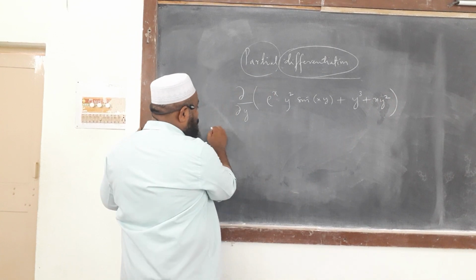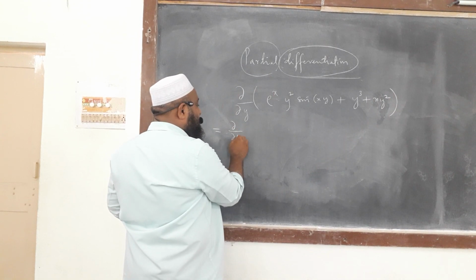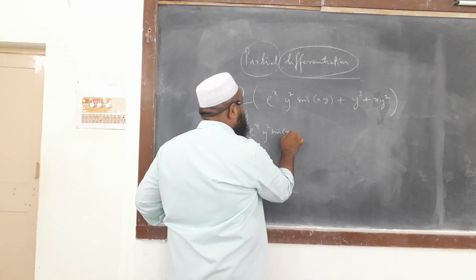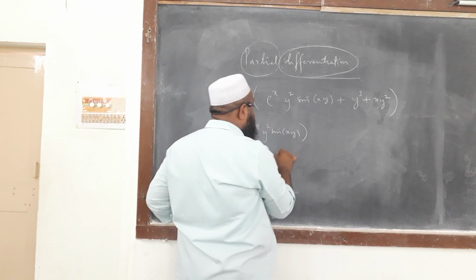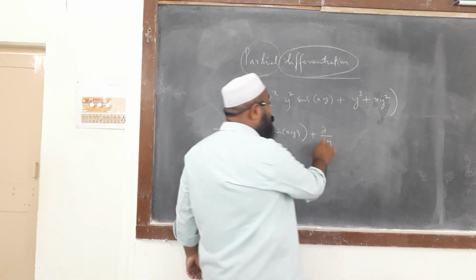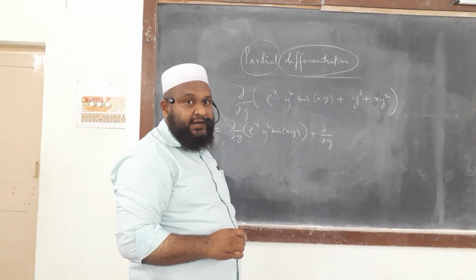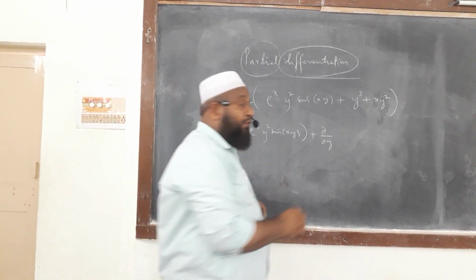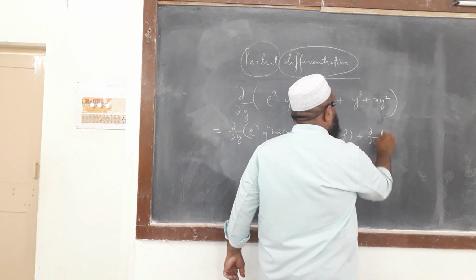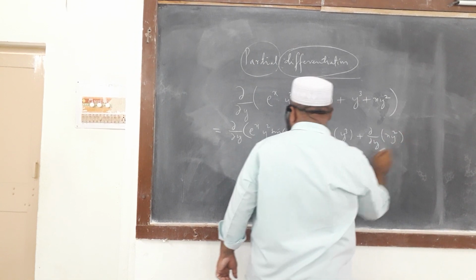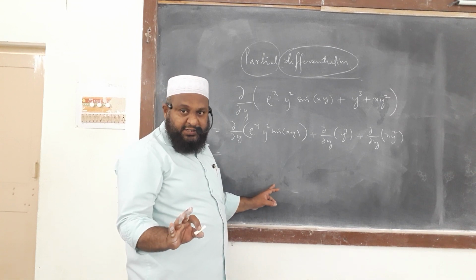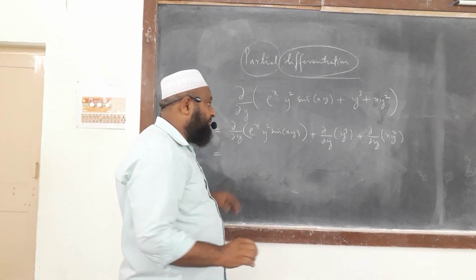So I'll split it like dou by dou y of e to the power of x y square sine xy, this gets finished, plus dou by dou y of y cube, plus dou by dou y of xy square. Don't write it as d by dy, you write it as dou by dou y. Clear about this part? Okay.